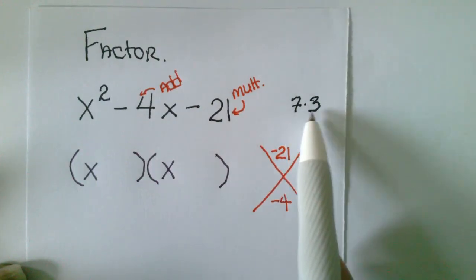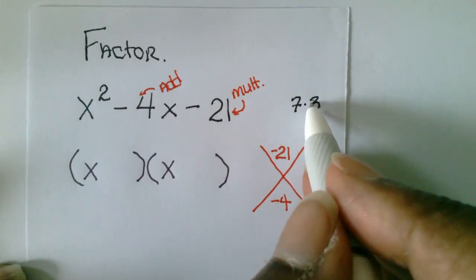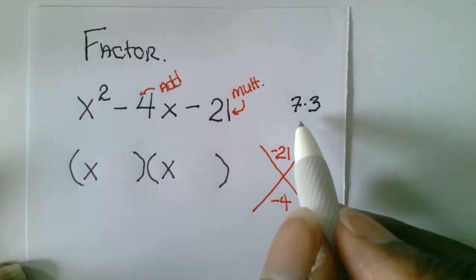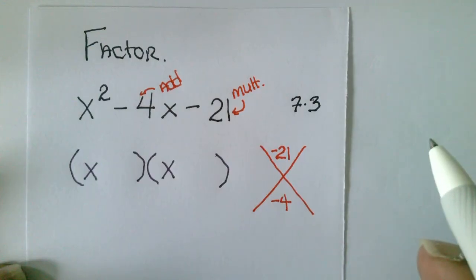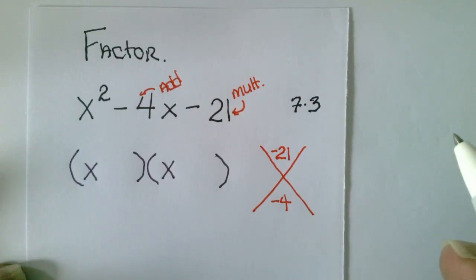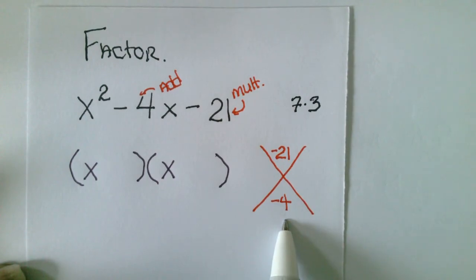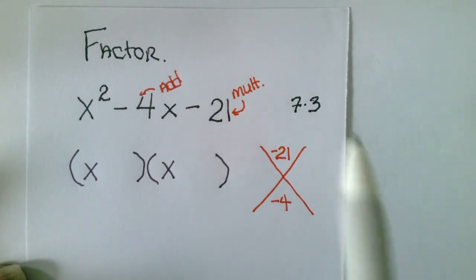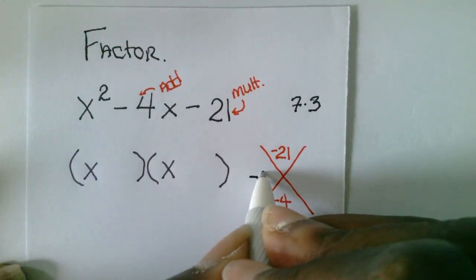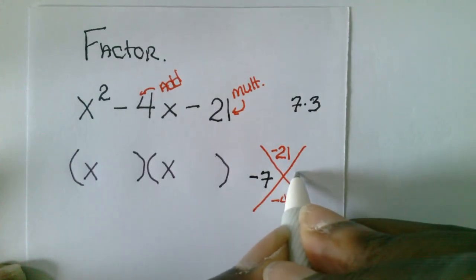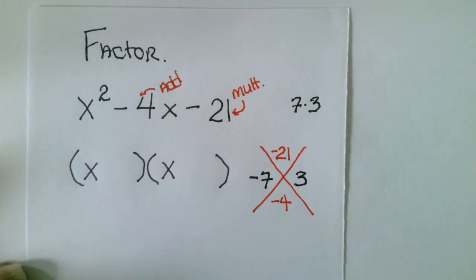So if I put it as a negative 3, that means 7 plus a negative 3, that's going to give me a positive 4. I'm looking for a negative 4. So that's why we have a negative 7 and a positive 3.